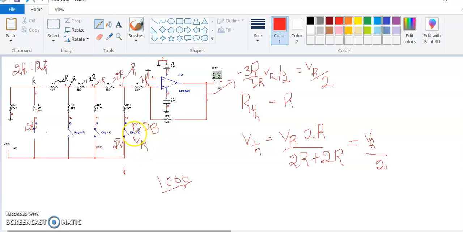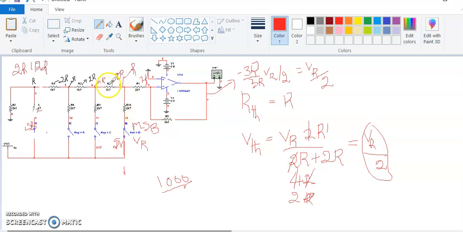So VTH is equal to VR into 2 kilo ohm divided by 2 kilo ohm plus 2 kilo ohm, that is 4 kilo ohm. If you simplify this, it is 2R by 4R, so R gets cancelled. Now what we have is VR by 2, which is our Thevenin's voltage at this point. Now I'm going to calculate the Thevenin's resistance also.